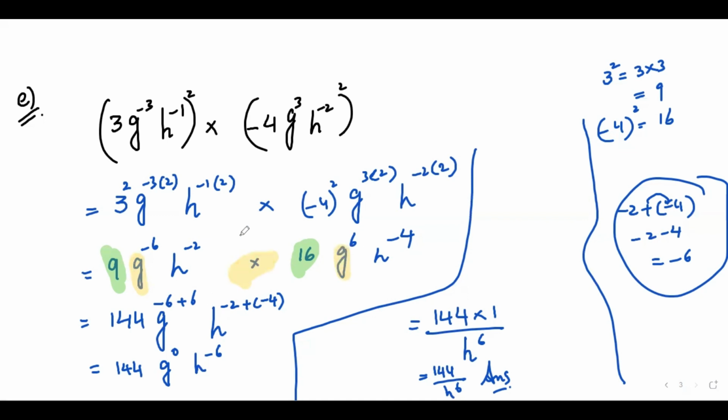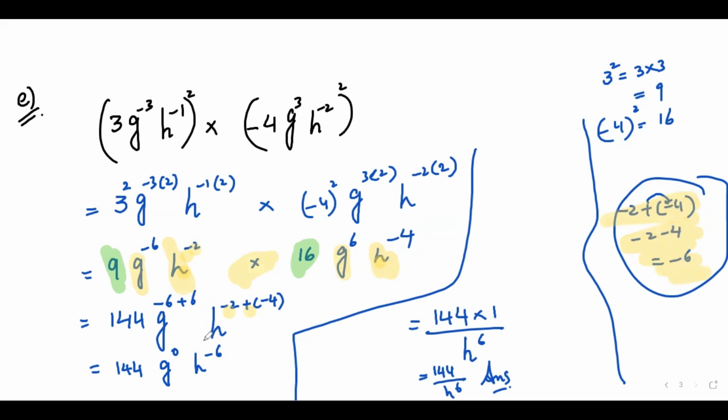According to the very first law of indices, when the base is the same and the multiplication sign is between, add the powers. Same I have done with the h also. The base is the same, so add the powers: minus 2 plus minus 4, and minus 2 minus 4 becomes minus 6. Clear now?